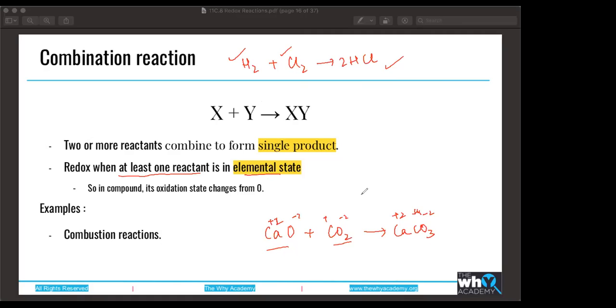So for sure, if at least one of the reactants is in the elemental state, you can say that it's a redox. When you don't have it, then you'll have to check the individual compounds. It is not a hard and fast rule that if it is not in the elemental state, then it's not a redox reaction, but you'll have to take a look. But if you see that at least one reactant is in the elemental state, you can blindly say that it's a redox reaction.